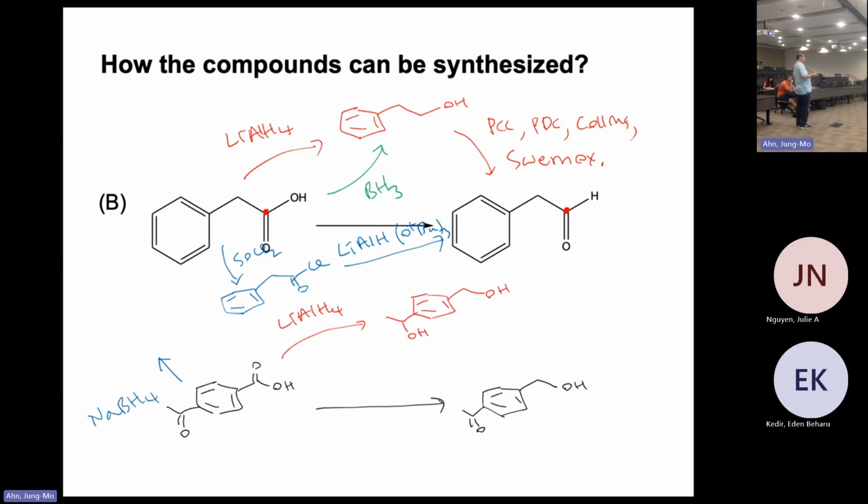If you use sodium borohydride, it is weak, so you can reduce the ketone but not the carboxylic acid. So you are making different things depending on what reductant you use. Borane is very selective to carboxylic acid, so you only reduce this part, not touching that part. So you have different solutions here.